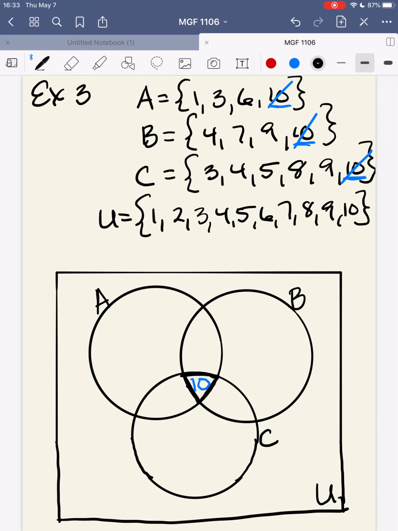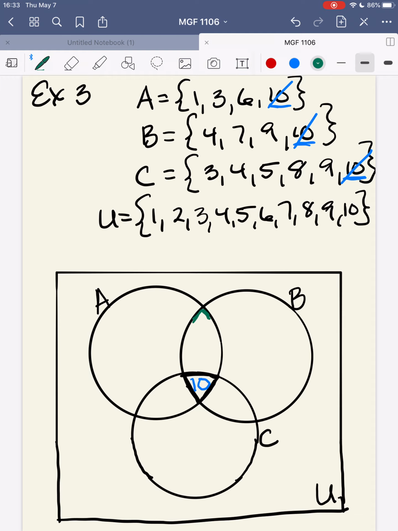Now I'm going to go ahead and look at A and B. So I'm going to look at this section here. It really doesn't matter the order you go in, guys, but that's a section I'm going to look at. In this section, I want to look at what A and B have in common only.